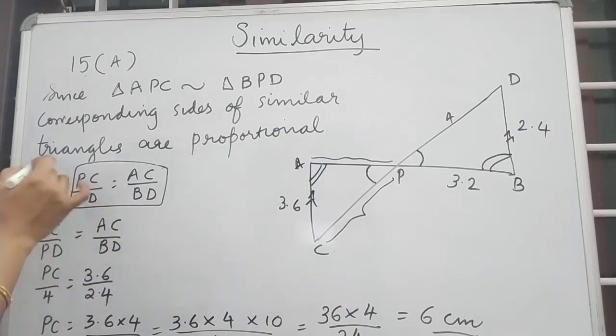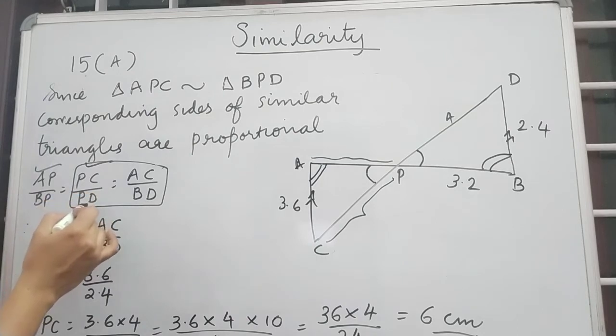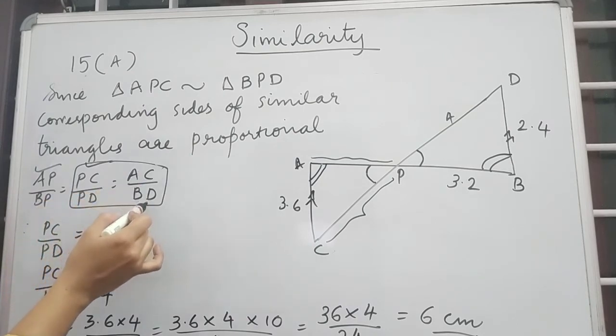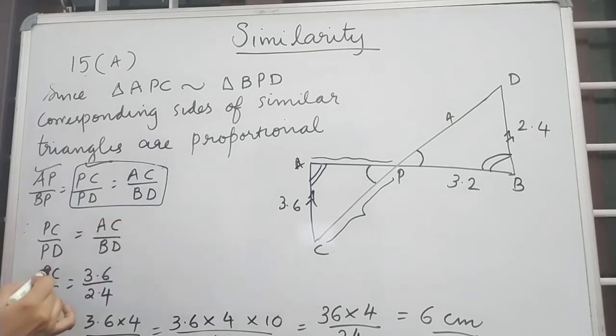If we take these two first, there is only one unknown. So PC is equal to 3.6 into 4 divided by 2.4, which has one decimal.